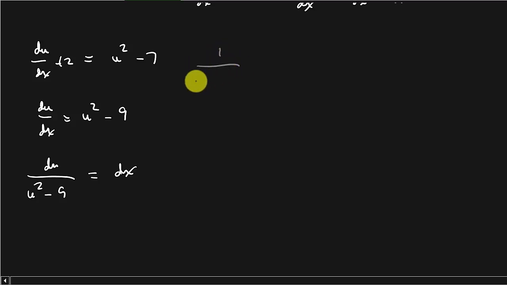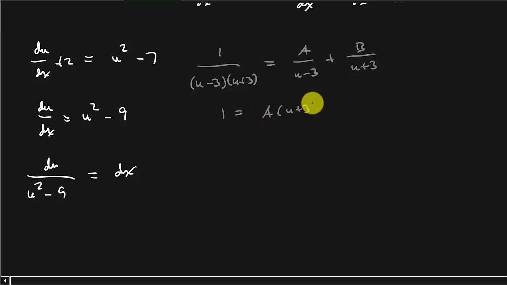So I've got 1 over u minus 3 times u plus 3 is equal to a over u minus 3 plus b over u plus 3. Multiply: 1 equals a times u plus 3 plus b times u minus 3. So we'll let u equal negative 3, so that goes to 0. This is going to be 1 equals negative 6b, so b is equal to negative 1/6.